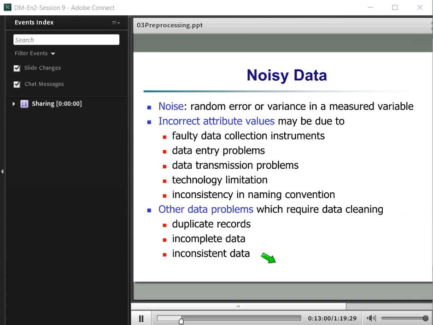So their values can be changed during transmission. So I should always allow some chance for changes in data. Is my data correct? Yes or no?